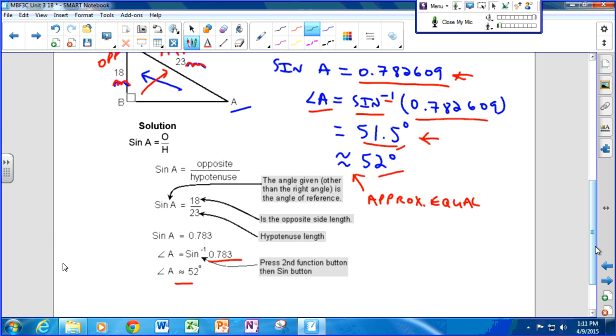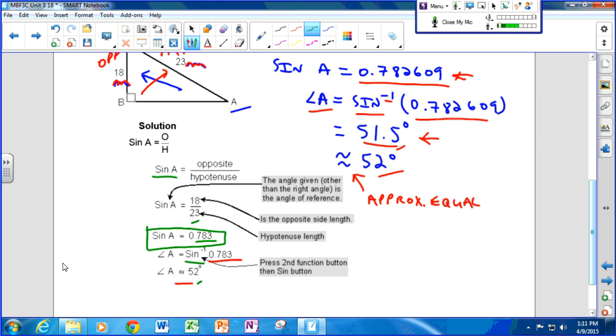So remember that if we want to find an angle from the ratio, we need the opposite and the hypotenuse, or for some of the other ratios we need different sides. Once we get the ratio, then we have to take the inverse sine. Usually that's a shifted version of the sine button on your calculator. And remember that sine has units. As a matter of fact, the only things that don't have units in all of trigonometry are the actual ratios themselves.